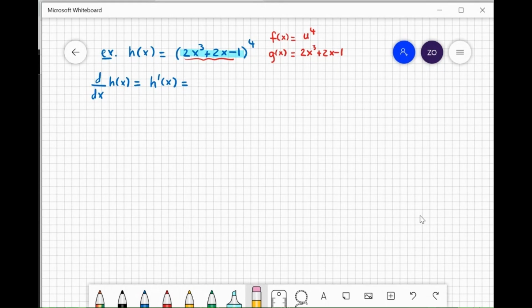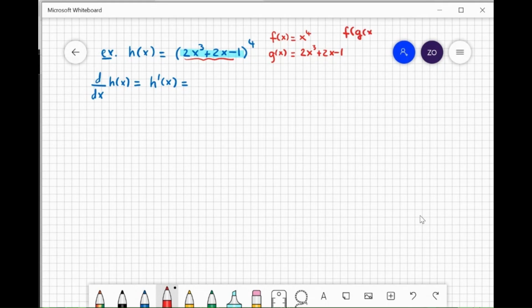So in fact, just call it x to the fourth. You don't have to call these f or g. You just need to identify which was done first, the inside function, and which is the outside function.